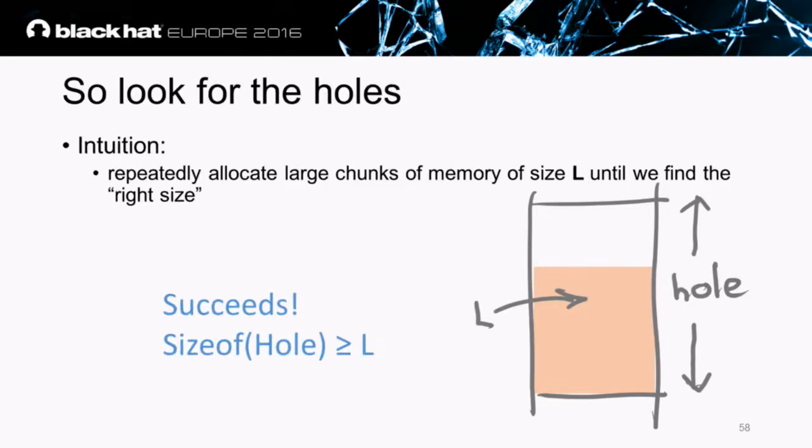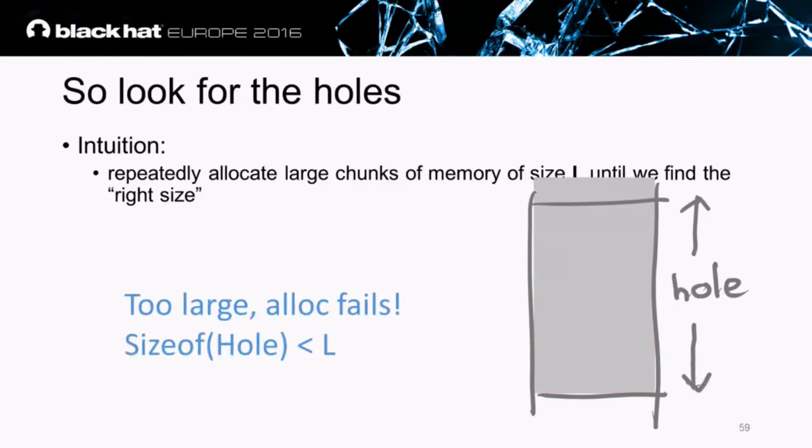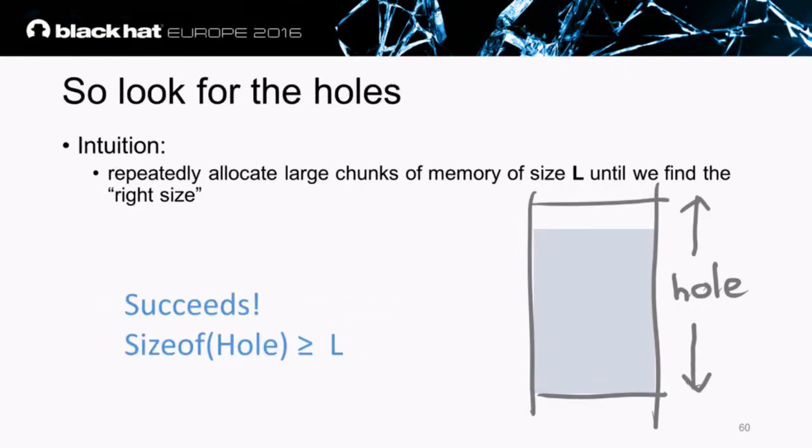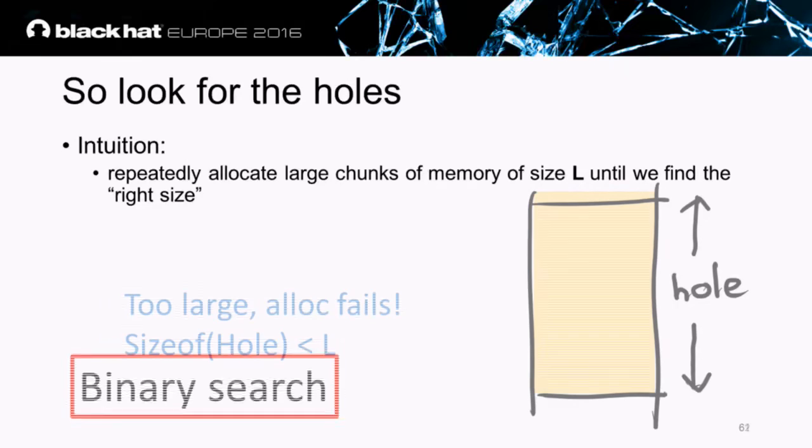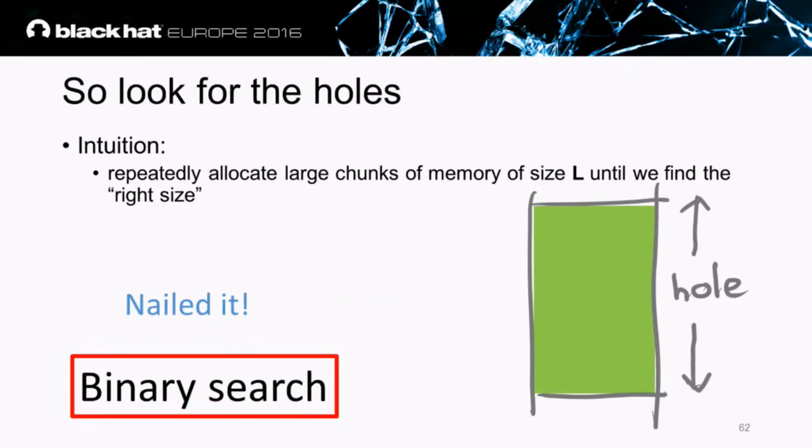So we will allocate some memory, and if it succeeds, we know the hole is probably larger. We will try again with a much larger size. If it fails, we know this hole is smaller. And we will repeat this until we find the right size of the hole. And this is done with a binary search, so it's quite fast.